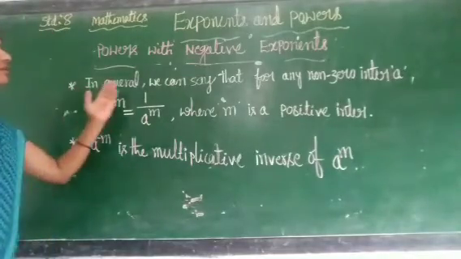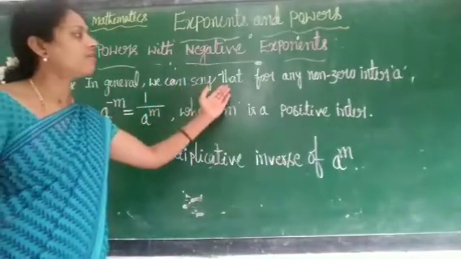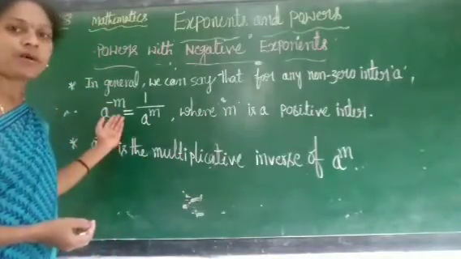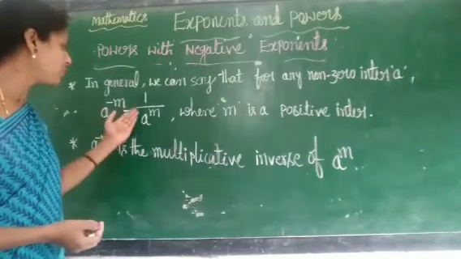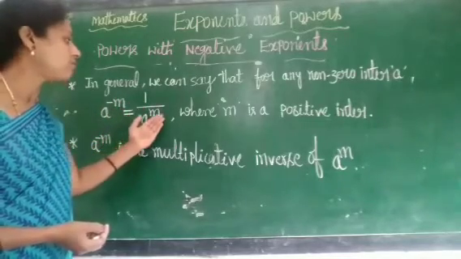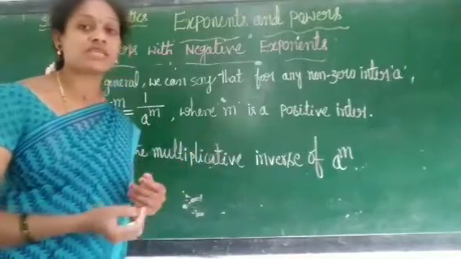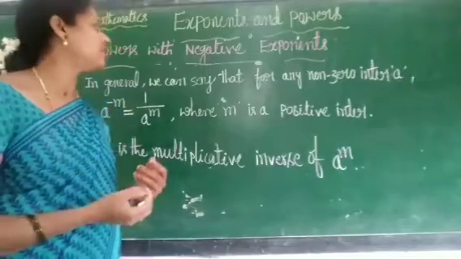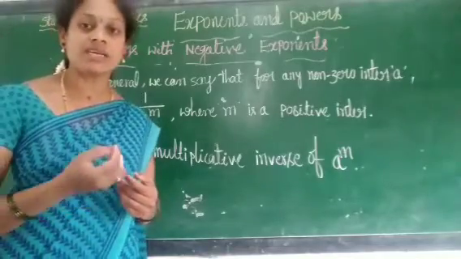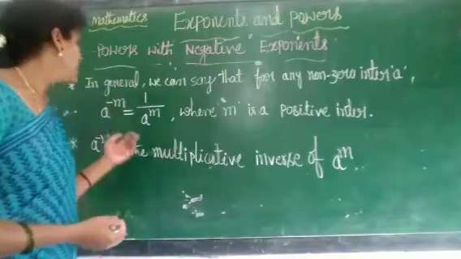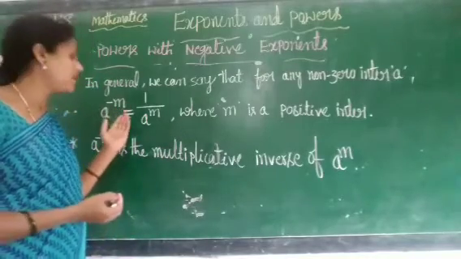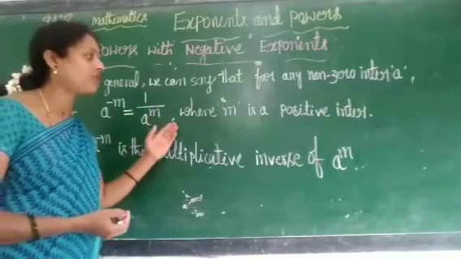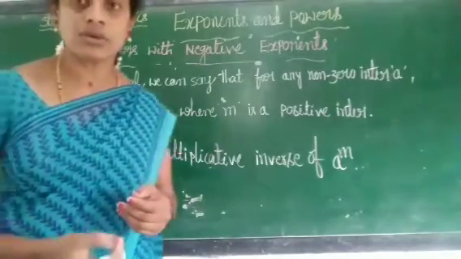In general, we can say that for any non-zero integer a, a to the power minus m is equal to 1 by a to the power m, where m is a positive integer.